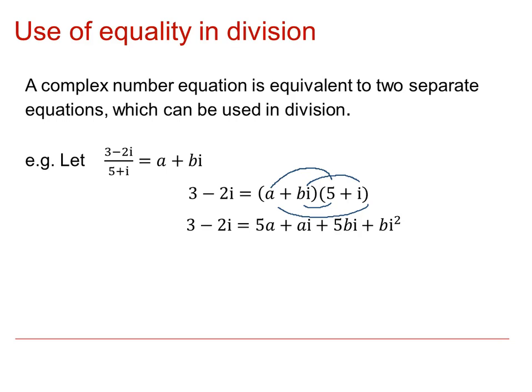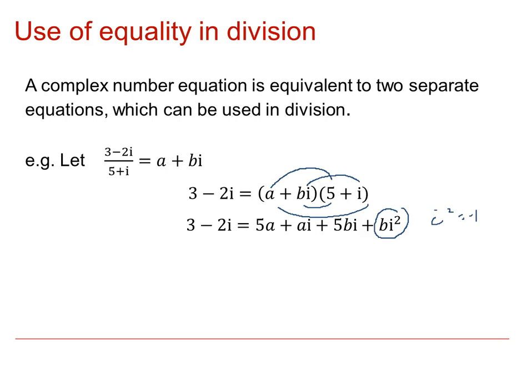We can now consider that right hand side and decide exactly what we've got in terms of a real part and imaginary part. So remember that i squared is equal to negative 1, so that final part is just minus b.